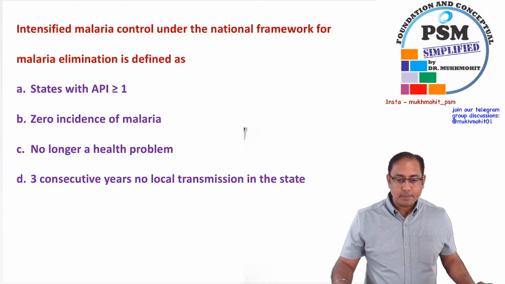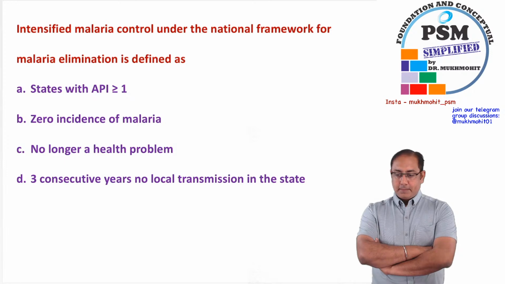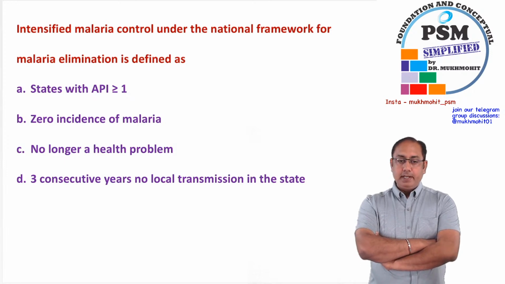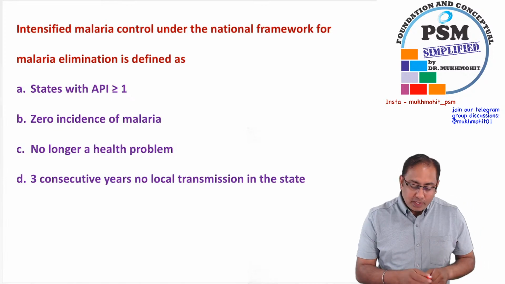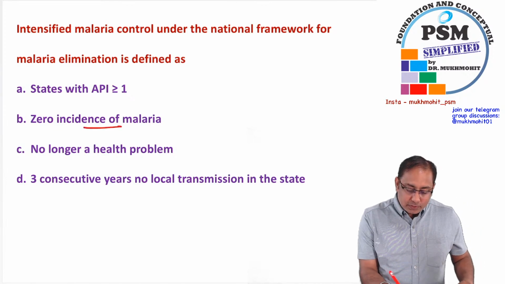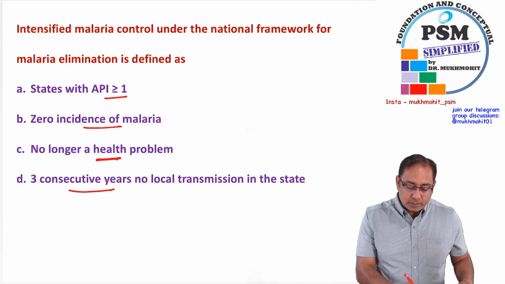The options: API more than one, zero incidence of malaria, no local transmission for 3 consecutive years.